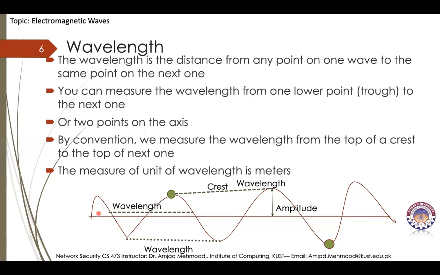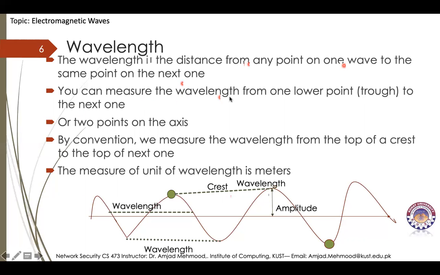Now, wavelength. The wavelength is the distance from any point on one wave to the same point on the next wave. Here you can see that we are measuring from this crest, the top point on the wave, to another crest, and we call this a wavelength.